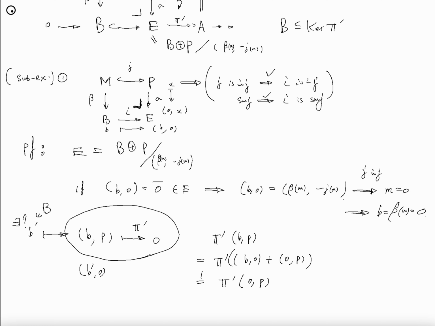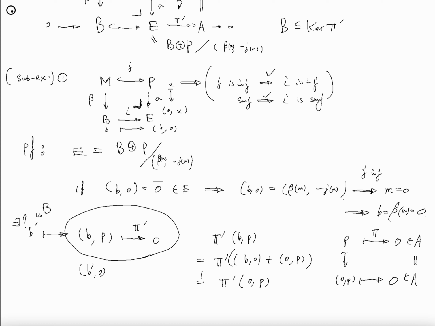But if you have pi prime of (0,P) equals 0, then look at the commutative diagram: P is mapped to (0,P), and then pi maps it to A. This is mapped to 0, then by the commutative diagram, this must be 0.